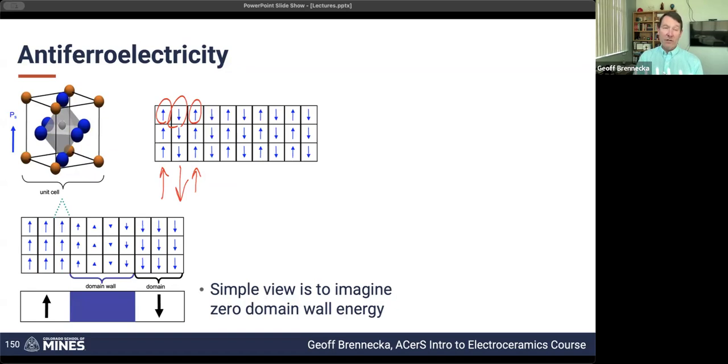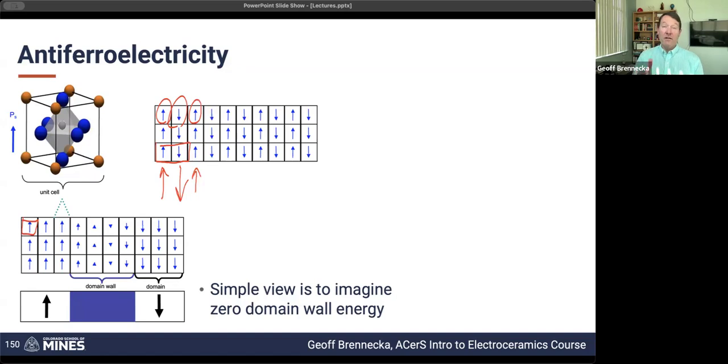So the unit cell that we use to describe what the crystal structure is at all, in a ferroelectric, we just say it's this one, and then sometimes the one next to it is pointing in the same direction, sometimes it's opposite. For anti-ferroelectricity, because we know that this periodicity extends further than just that one unit cell across the entire sample, every time you have a plus, you've got a negative right next to it.